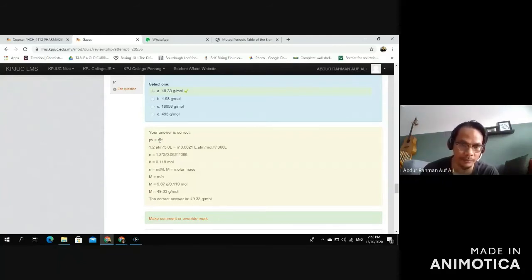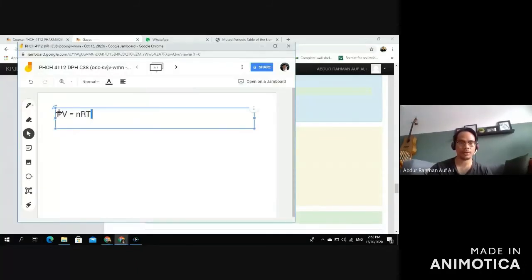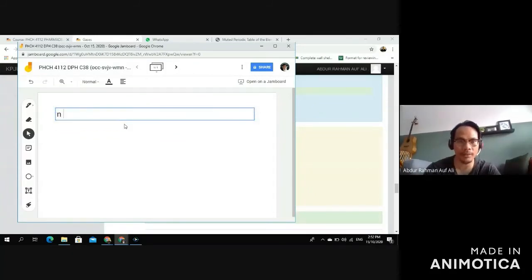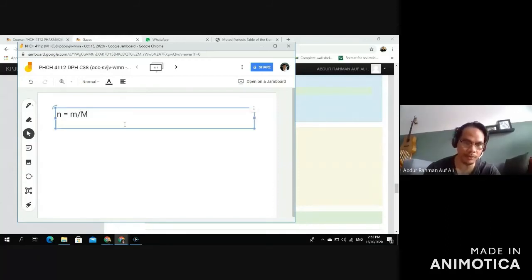If you remember from chapter 2, we can determine the molar mass using the number of moles. Because if you remember the relationship, number of moles equals mass divided by molar mass. So if we want to find molar mass, make capital M the subject, make it your unknown. So bring it up and bring it down. So mass divided by number of moles.